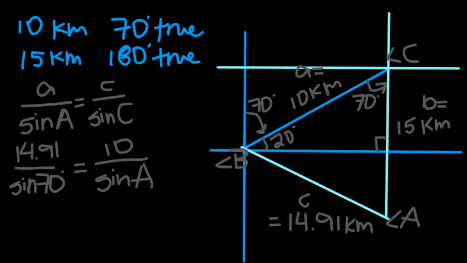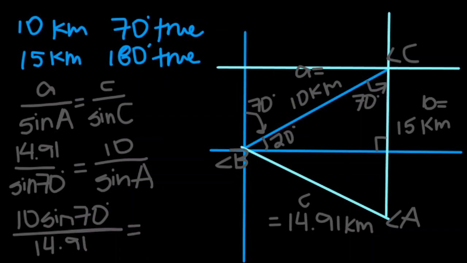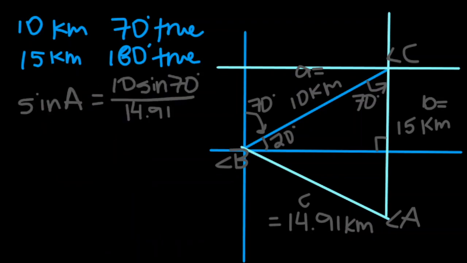So all that's left to do is a little bit of cross multiplication. So we get 10 sine 70 degrees divided by 14.91 kilometers is equal to the sine of angle A. So now we know the quantity to get the value of sine A. What we have to do is the inverse sine of 10 sine 70 over 14.91.